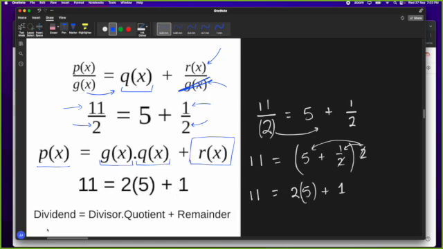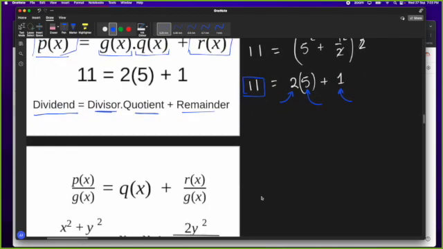This is the formula that you'll need to keep in mind for now. The dividend, which is the thing that was being divided in the first place, is equal to the divisor times the quotient, the answer that we got in terms of the 5, the factor there, plus the remainder. So the divisor times the quotient plus the remainder will give me the dividend.